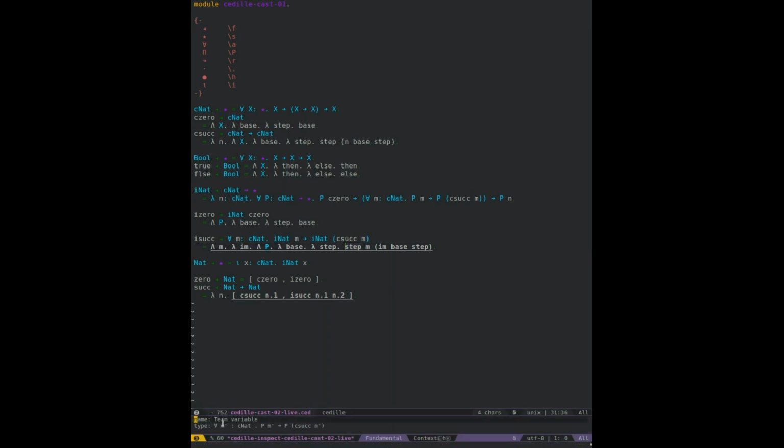But step takes as an argument an irrelevant term. So in Cedille, you must also mark application of a function to an irrelevant argument with the dash, so that it's easy for it to conclude that this would be safe to erase.